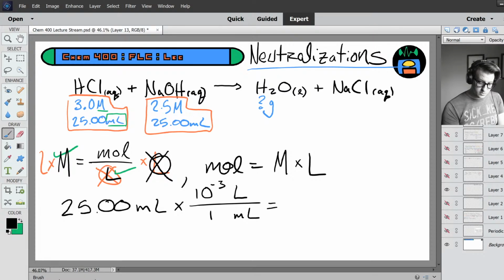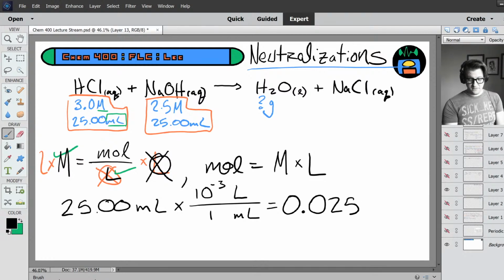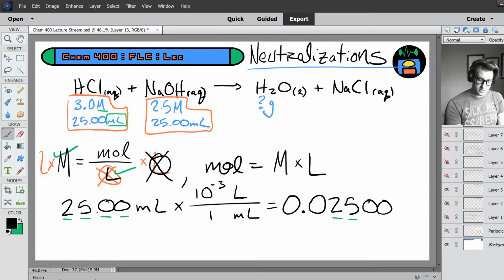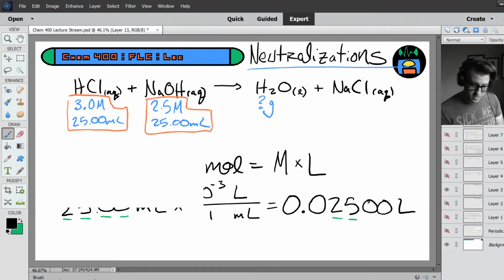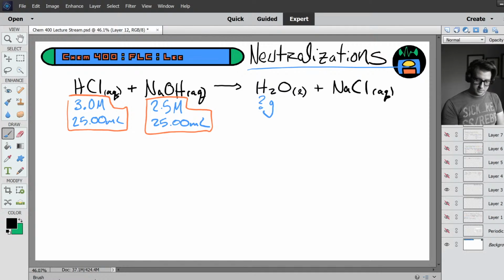And so you crunch the numbers, and my calculator will tell me that my answer is 0.25, but you got to watch for sig figs. 25.00 has 4, and so we need 4 in our answer. We only have 2 right now, so we have to add a 0, 0, and then our unit. All right, so now that we've converted milliliters to liters, we are good to start solving this problem.